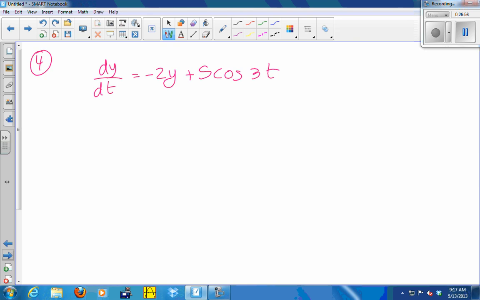So this is a non-homogeneous linear differential equation. If I move the 2y over, we get that. That's the typical way that we write this kind of thing.